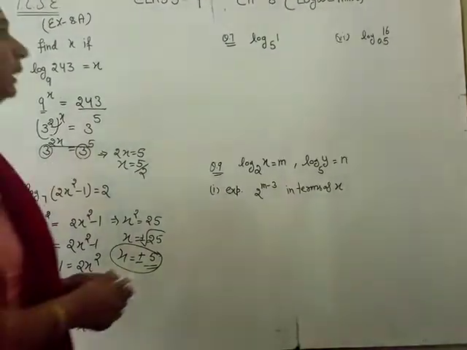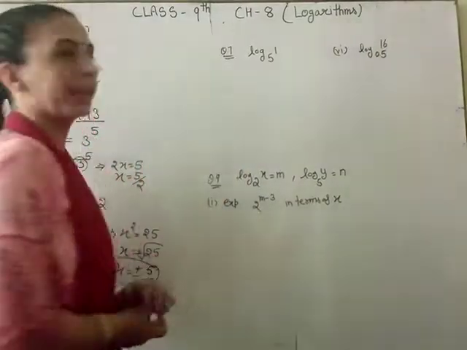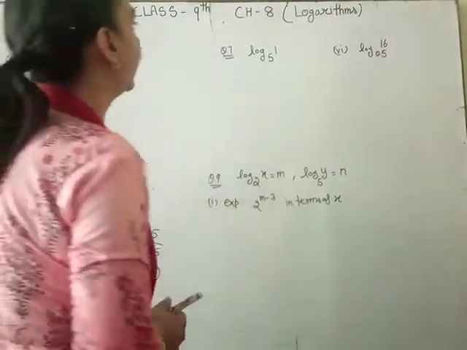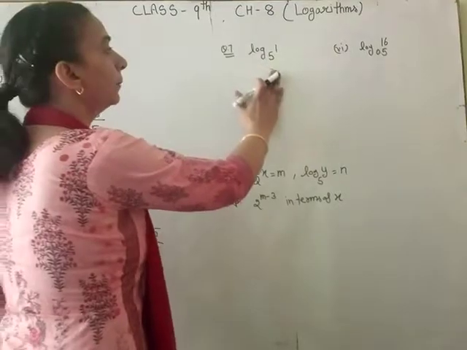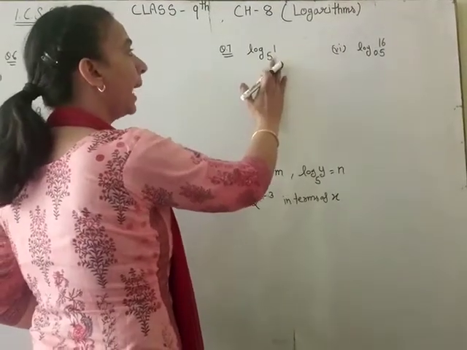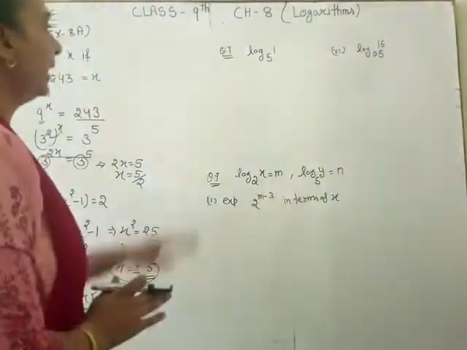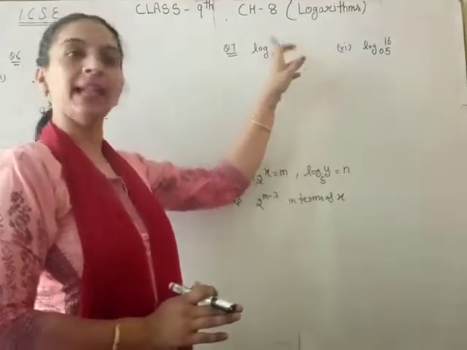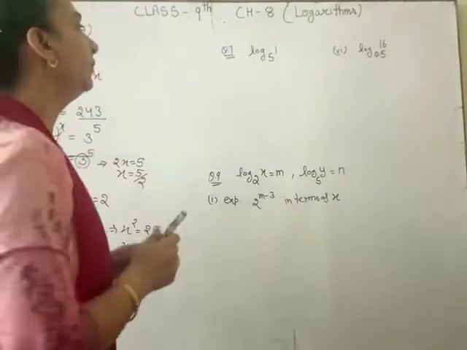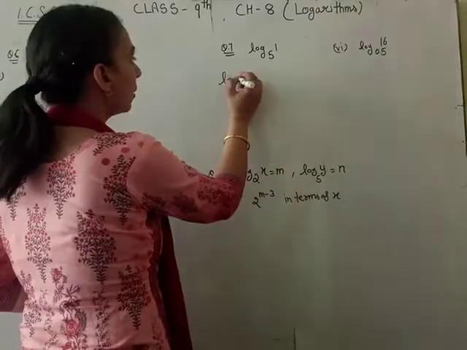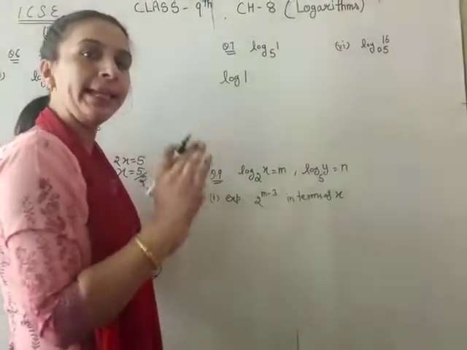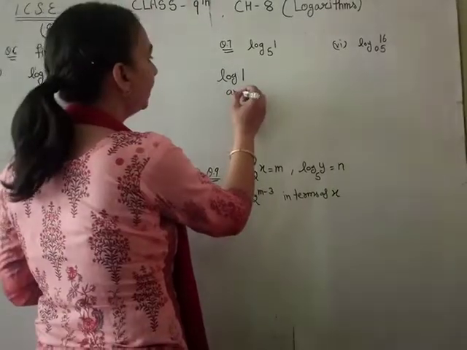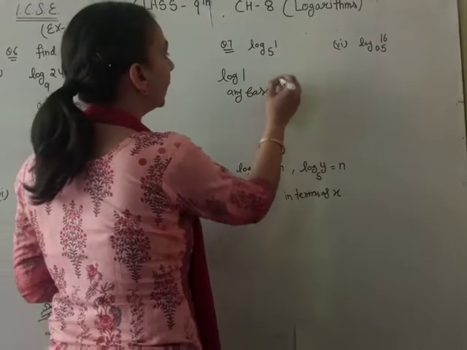Then our next question, question number 7. Find the value of log of 1 at the base 5. Student, we know that log of 1 at any base equal to 0.